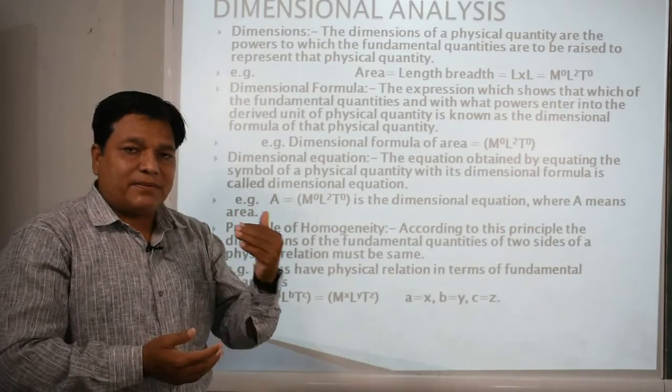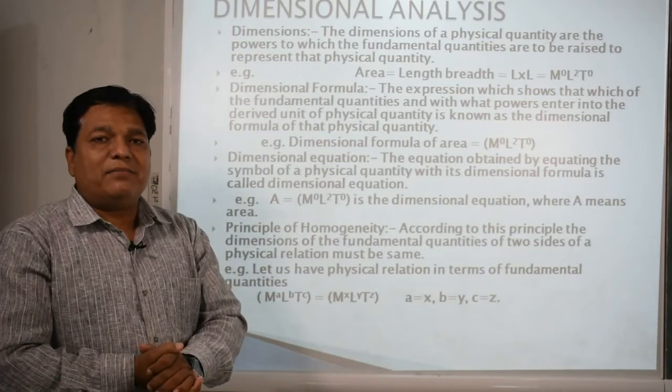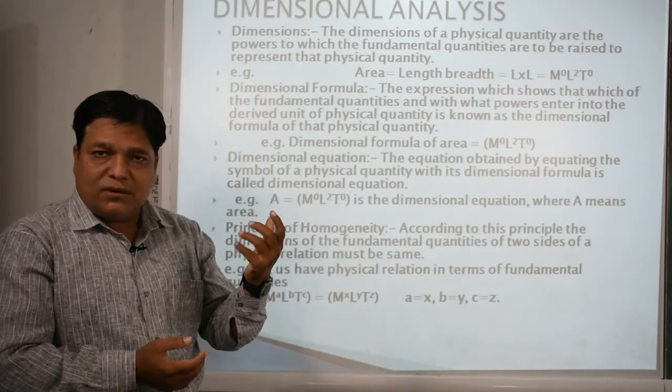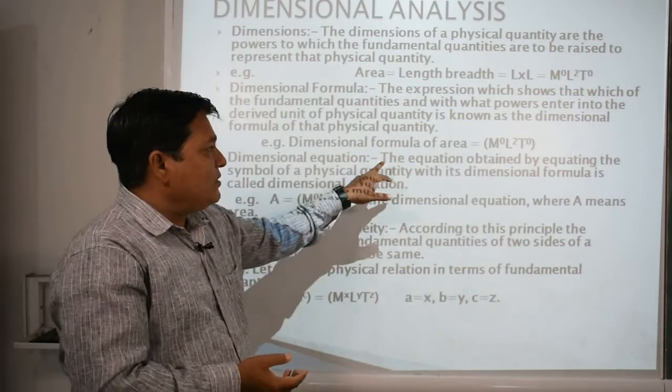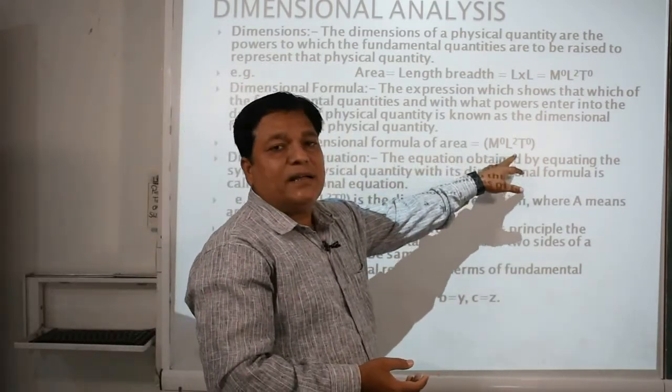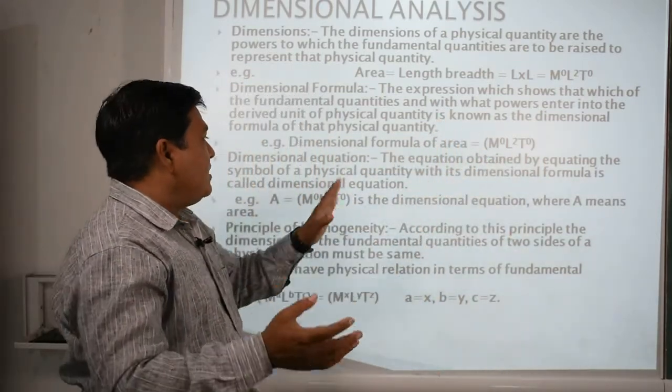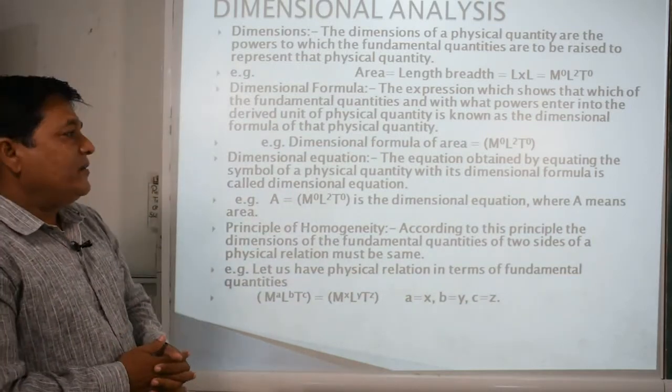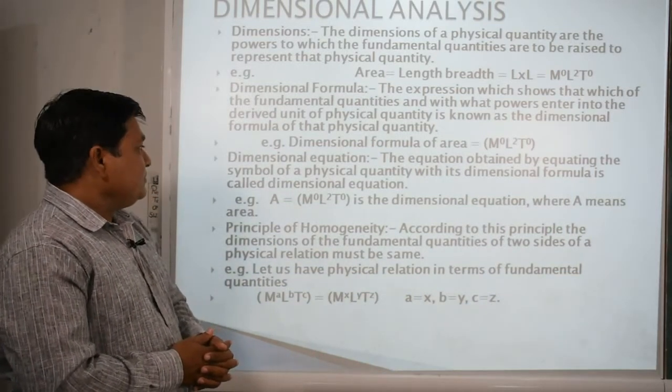Since there is an absence of mass there, we write M to the power 0, L square and T to the power 0. In this way we write the dimensional formula. So this is the way to write the dimensional formula of any physical quantity.